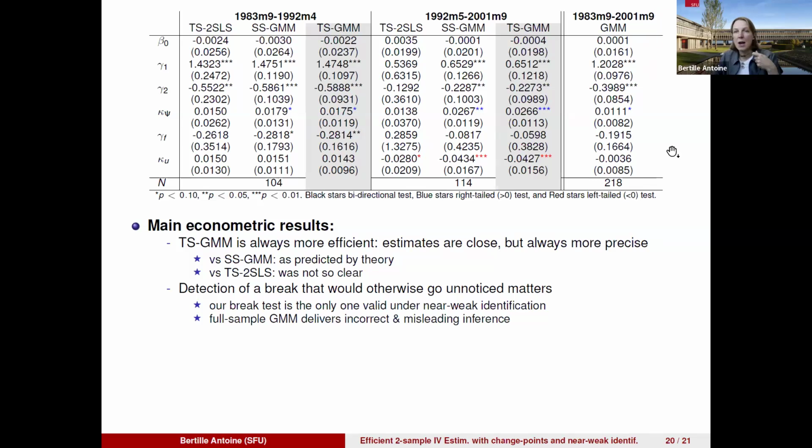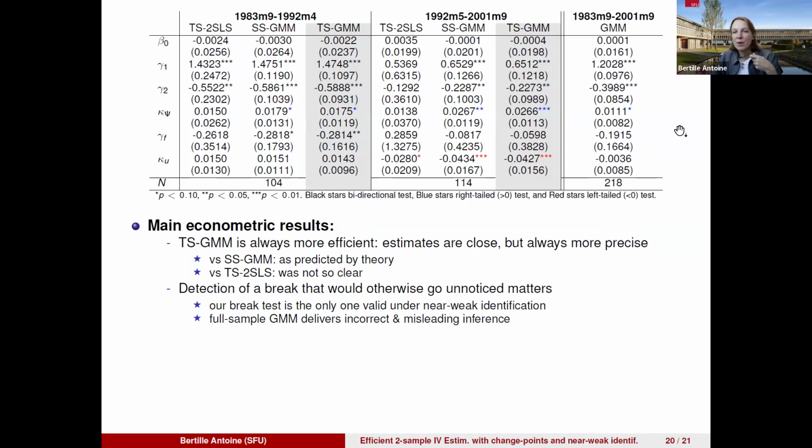This is the period where both reduced forms are stable. When we use our new test to detect changes in the structural equation, we find one change at April 1992.